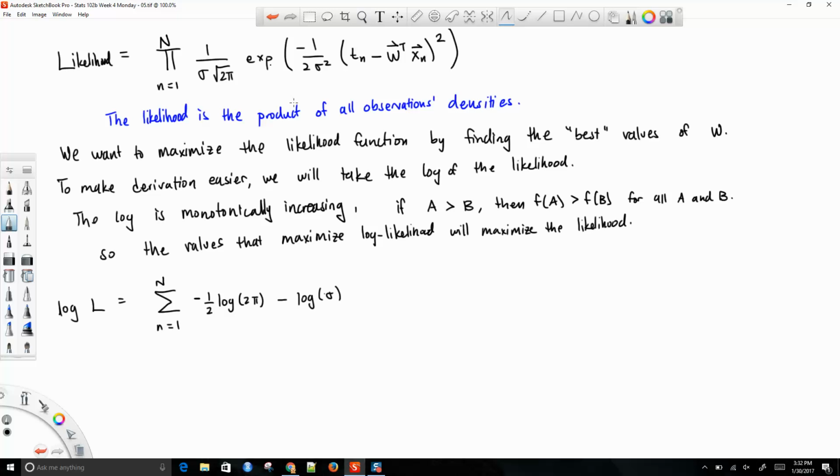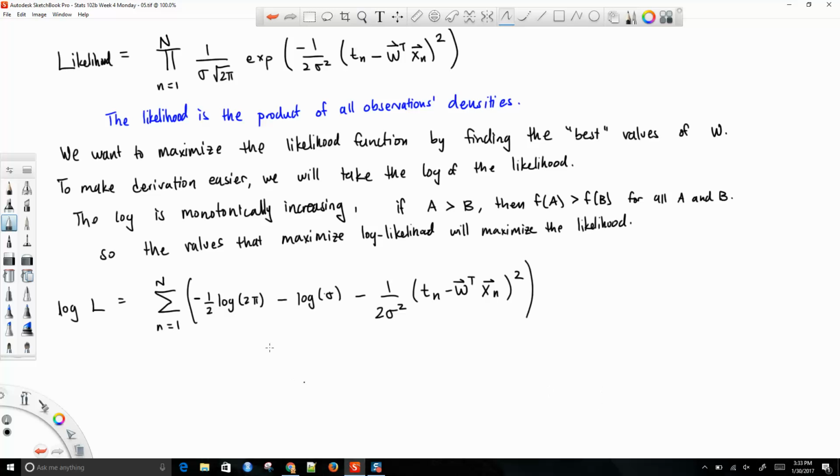And then the log of the exponent of e is just the thing, or actually it's negative on the inside, so I'll leave that off. 1 over 2 sigma squared of t sub n minus w transpose x sub n, squared. I think this is what we have, and this is all inside the summation.